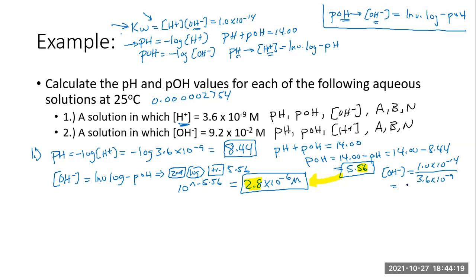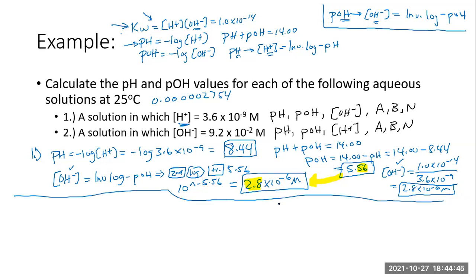Maybe slightly off with some rounding, but pretty much the same ballpark. And it is 2.8 times 10 to the minus 6 as well. So again, you can see you could use KW, or you could use this equation we just talked about. Either one should work and get you the same answer. Question on that at this point?